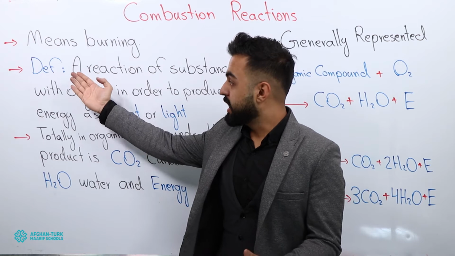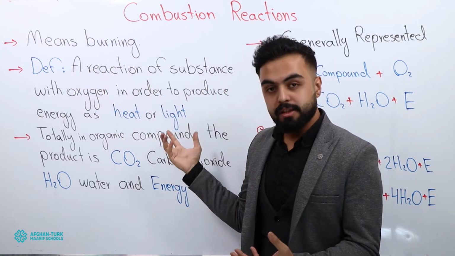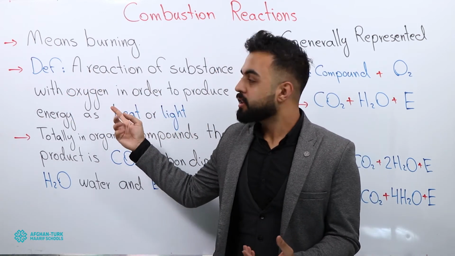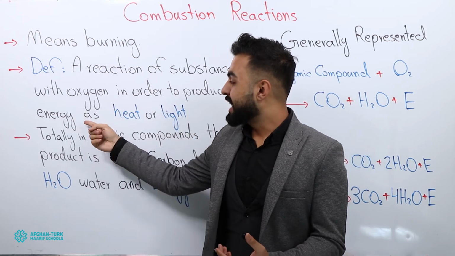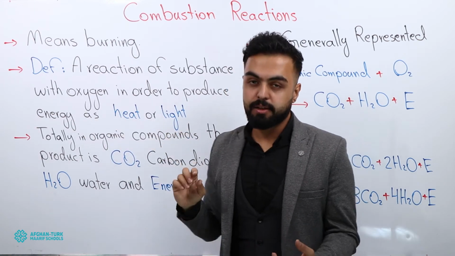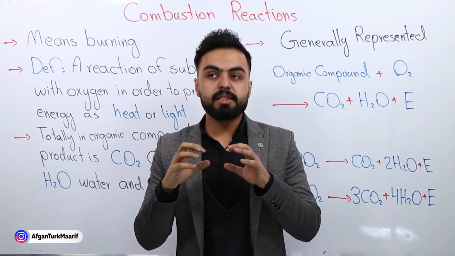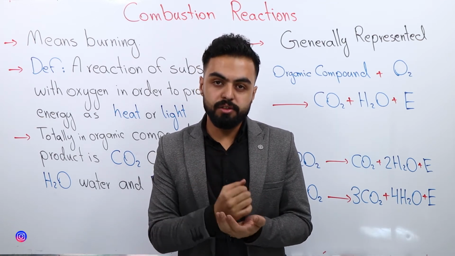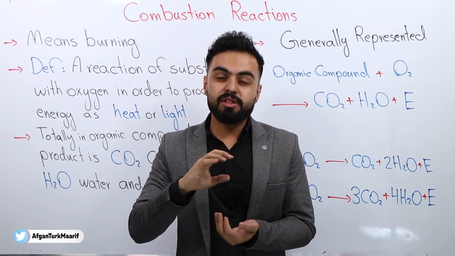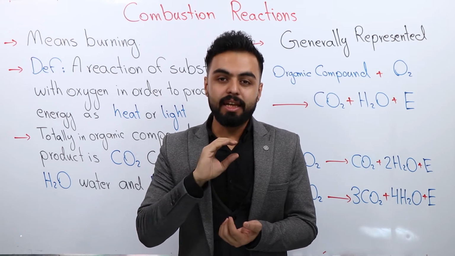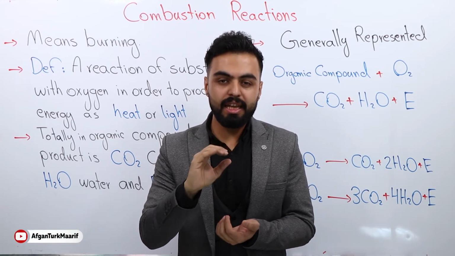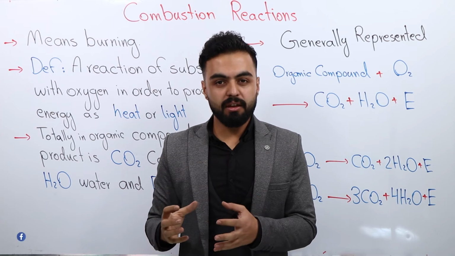Or the definition is a reaction of a substance with oxygen in order to produce energy as heat or light. Some substances react with oxygen. You know that oxygen is an essential element that we need to burn something.